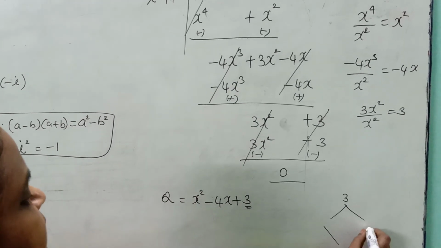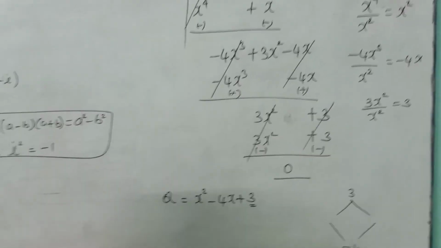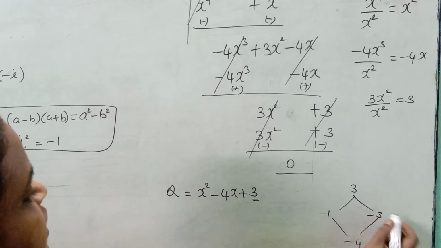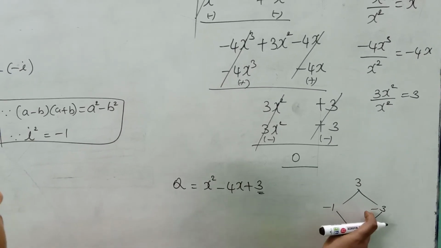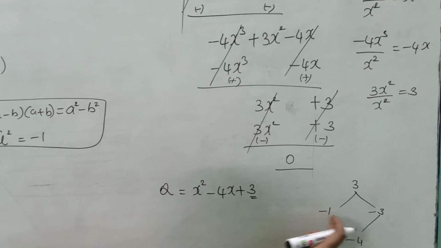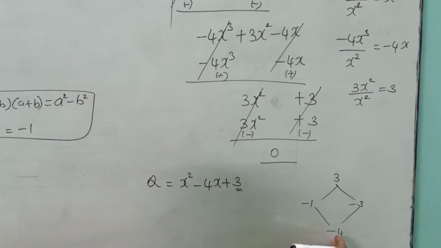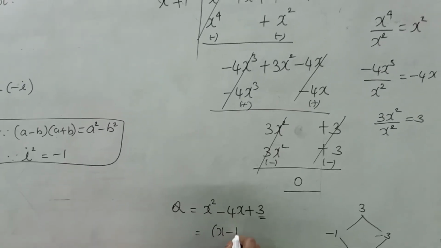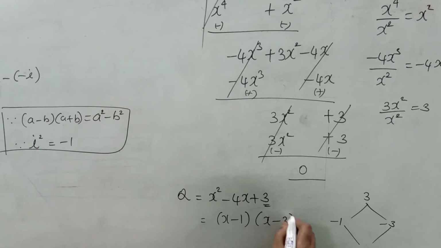What are the two numbers? The numbers are minus 1 and minus 3. Because minus 1 into minus 3 is plus 3. Adding the two numbers, minus 1 and minus 3, you will get minus 4. Therefore, the factors are x minus 1 and x minus 3.